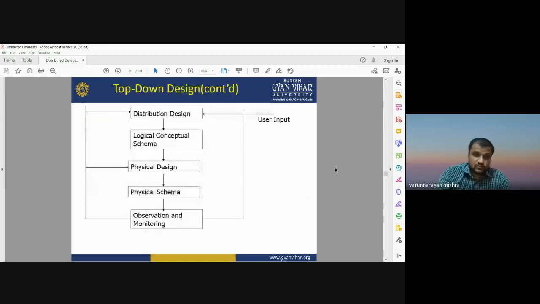Also if required, we can provide some external user input under distribution design. So this is the way we can perform the top down approach for designing the distributed database. And at last we can have the observation and monitoring option to monitor whether our database is good, and the design is efficient and working properly or not.